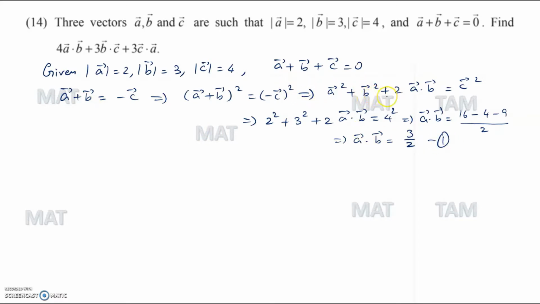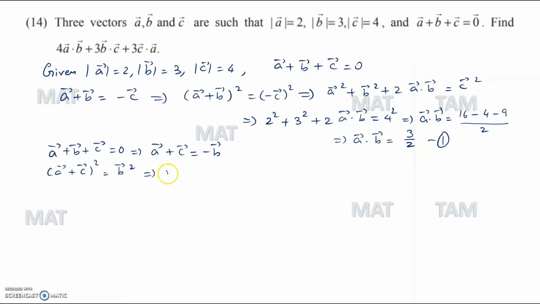Similarly, we can rewrite the same given equation, which is A plus B plus C is equal to 0 as vector A plus vector C is equal to minus B vector. Further, squaring them both, you will get vector A plus vector C squared is equal to vector B squared. We can eliminate the minus with the square.